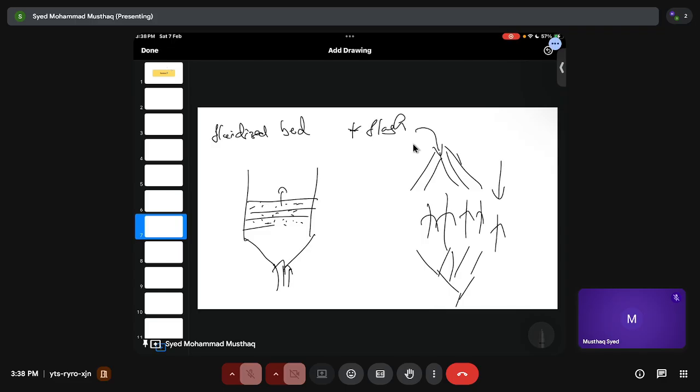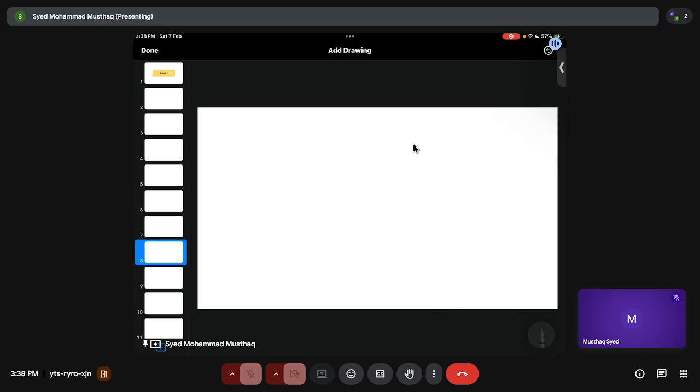Now coming to the calculations, the slurry. We have a few examples in the assignment, so let's solve them. We know a slurry contains a suspension of solid in a liquid.